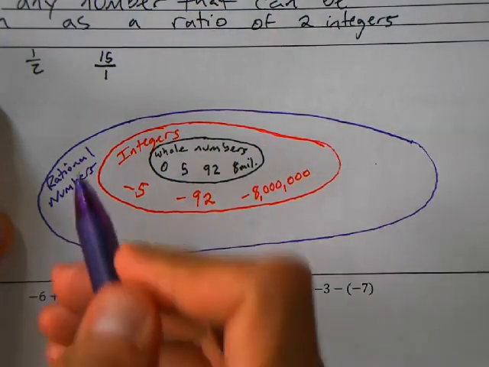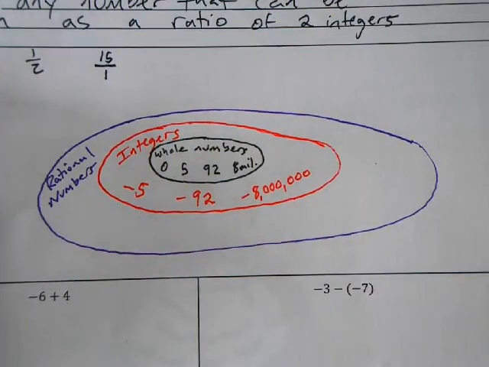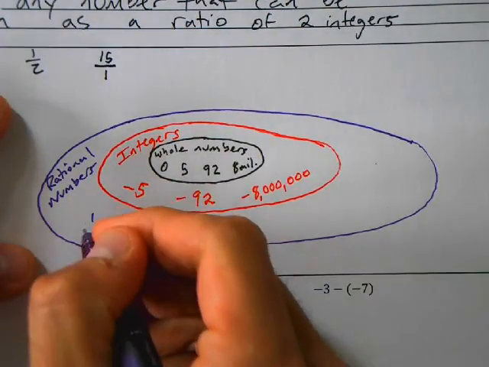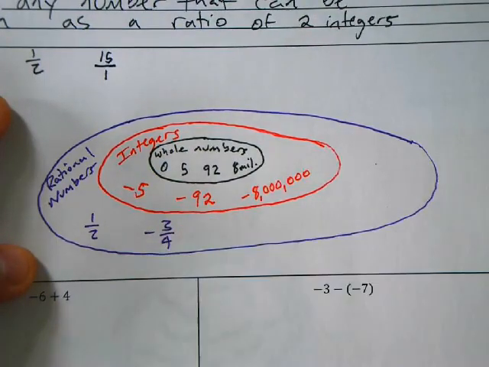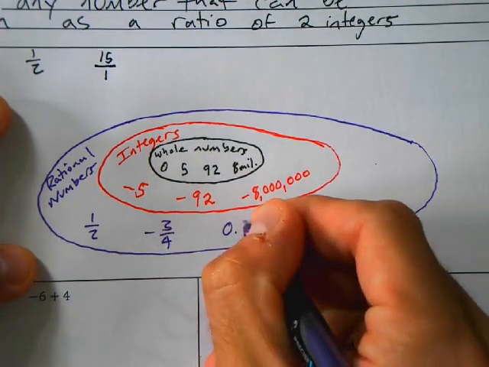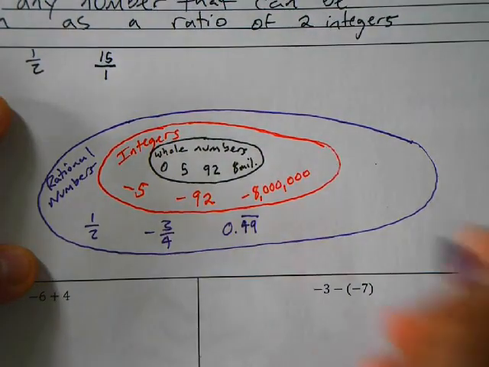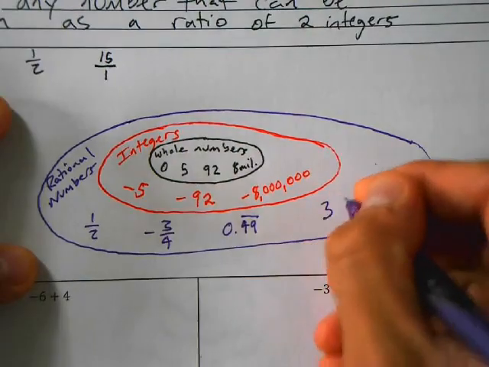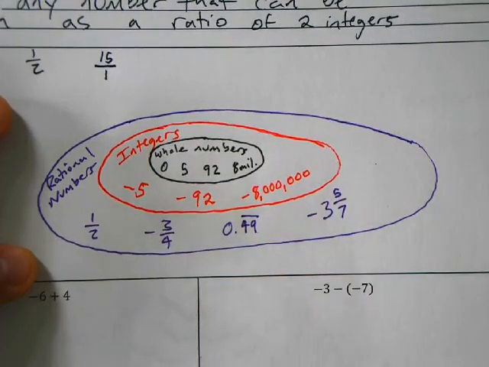Okay, and so the rational numbers are all the whole numbers, all of the integers, and then there's numbers like 1/2, or -3/4, or 0.49 repeating, or maybe 3 5/7, or maybe -3 5/7.